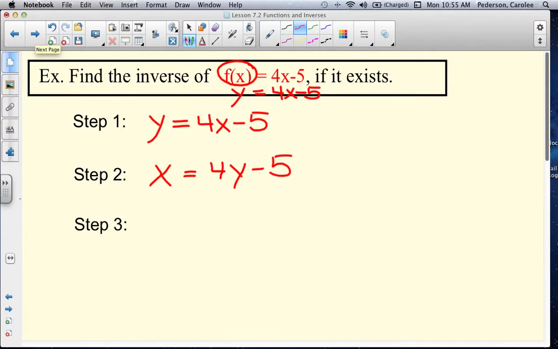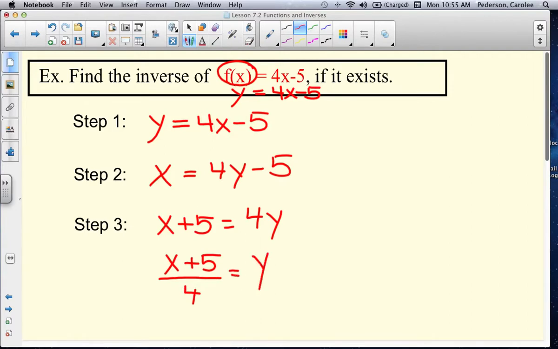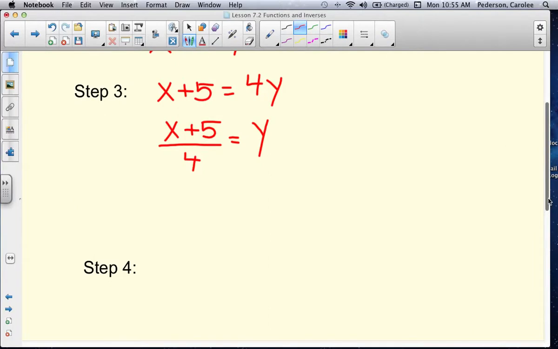So the first thing we want to do is add 5 to both sides. Then we're going to divide both sides by 4. So the y is now by itself. I'm going to go ahead and break up this fraction into 2 fractions. So I have 1/4 x plus 5/4.